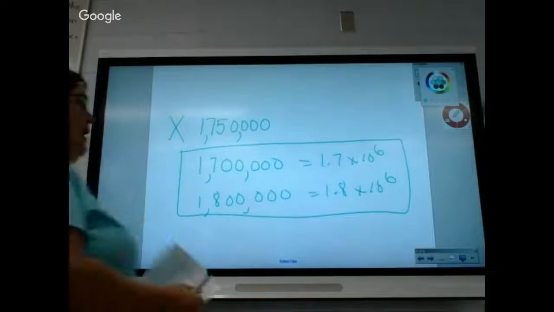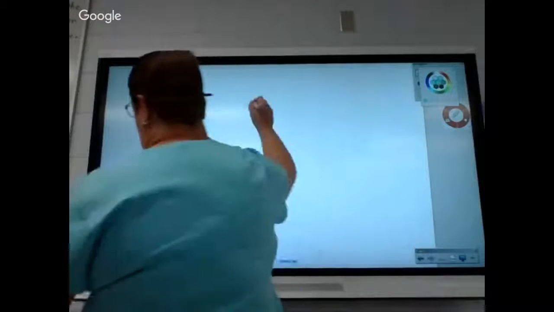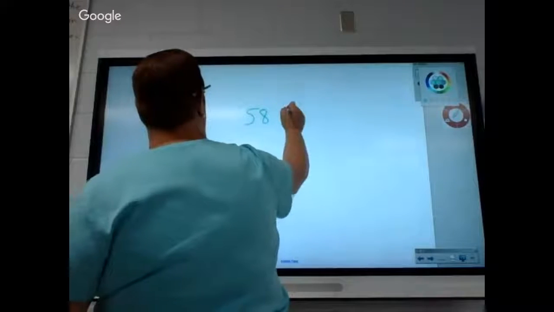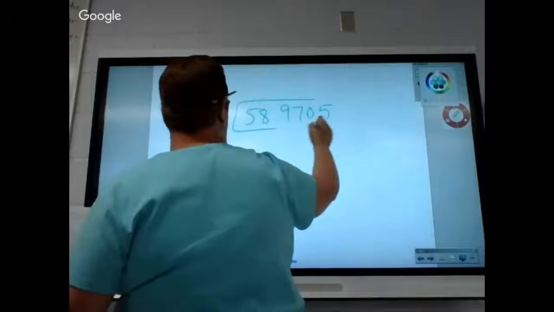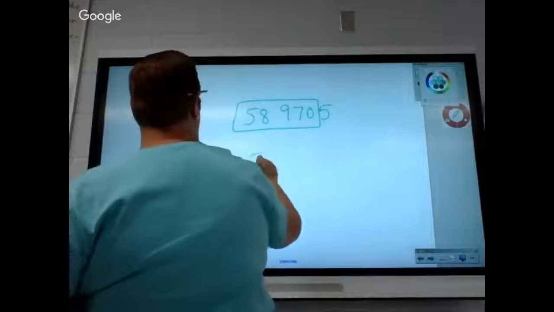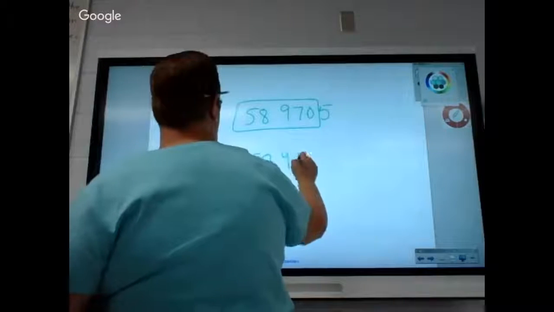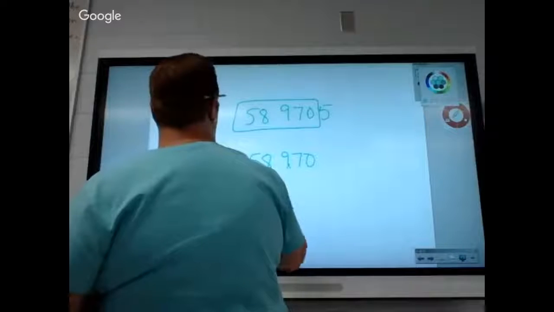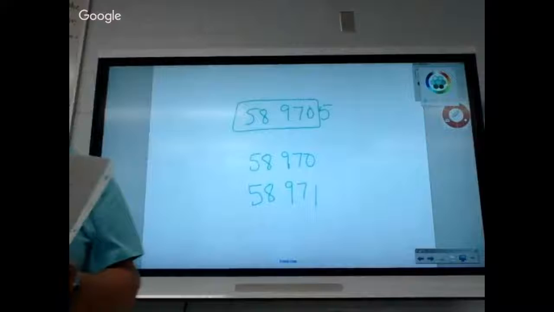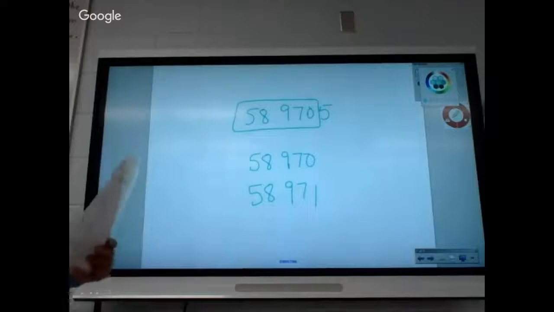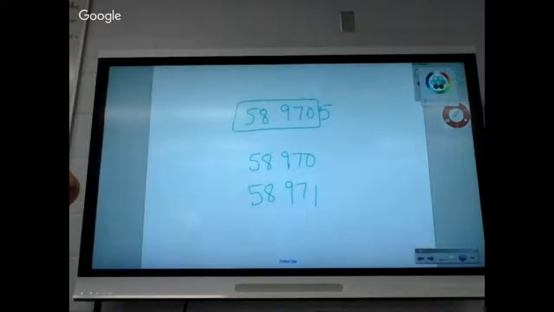All right, you get an answer of 58.9705, and you need 3 places behind the decimal. So I would take this if you don't round up, or I would take this if you do round up. So I would take either of those for number 9. I would take either one because you need 3 places behind the decimal.